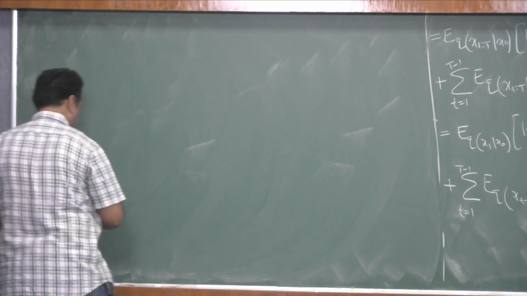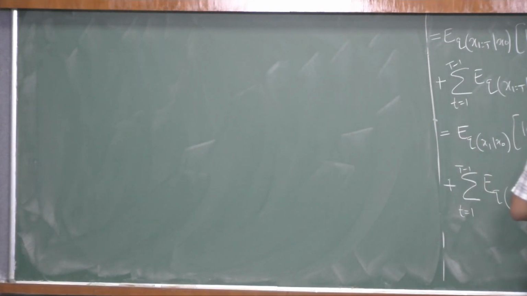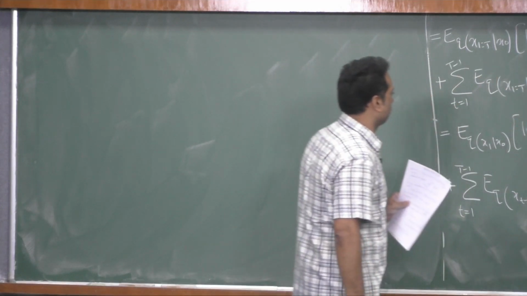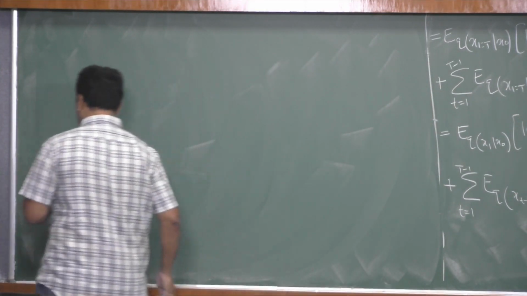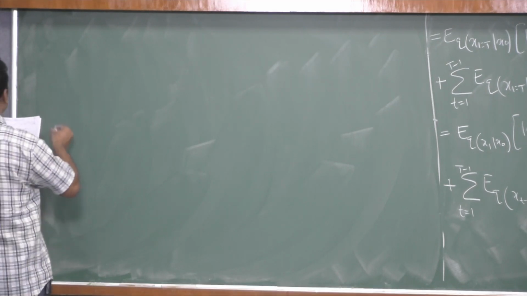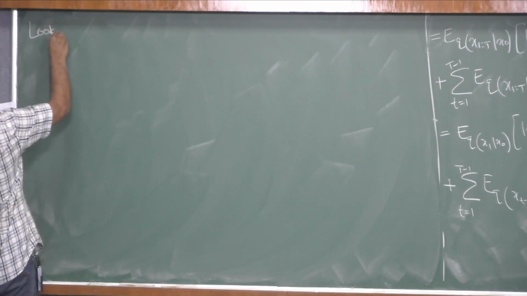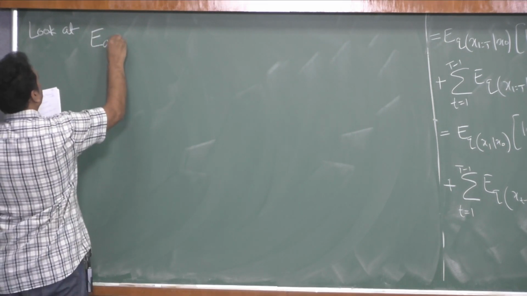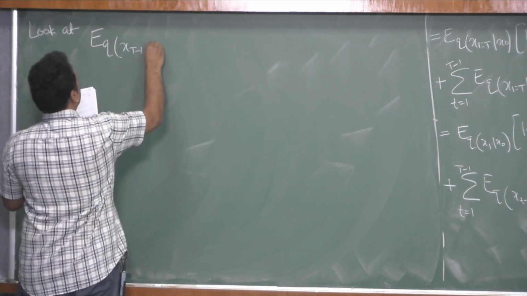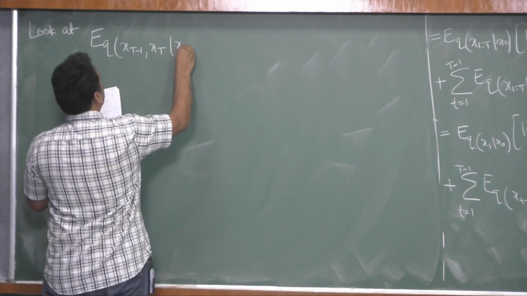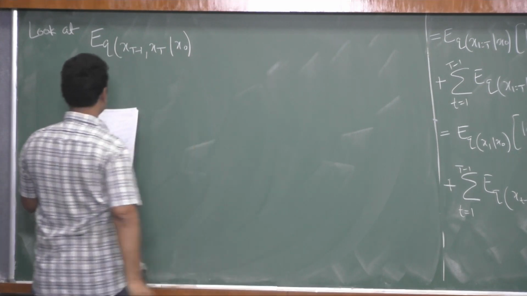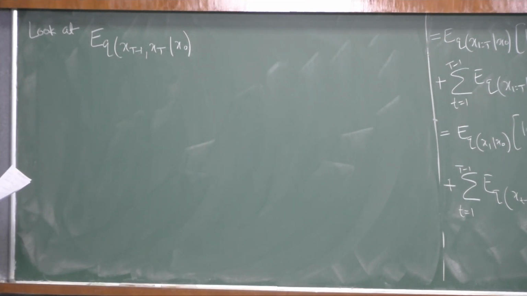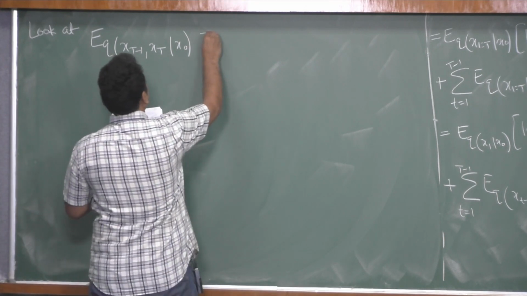I have a color chalk maybe. Let's see what we can do about that. The proposal is that this could be written as a product.